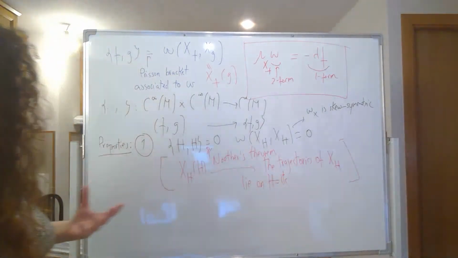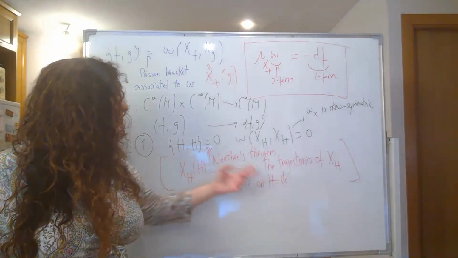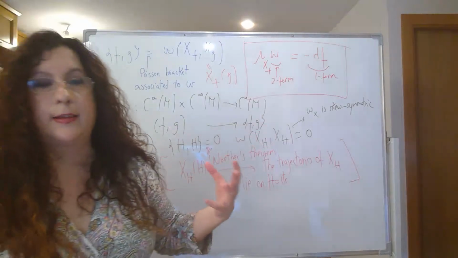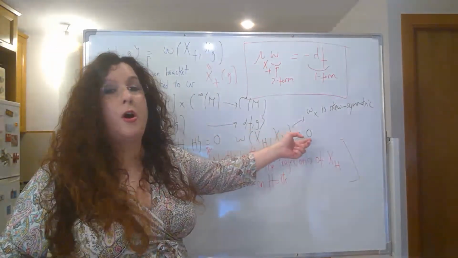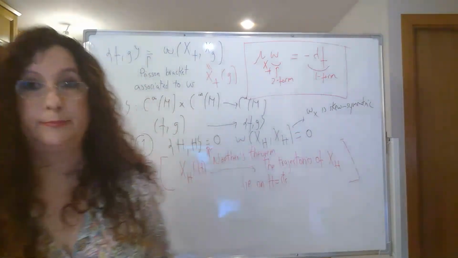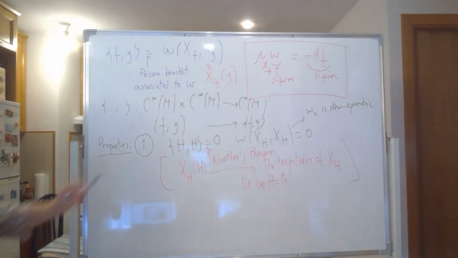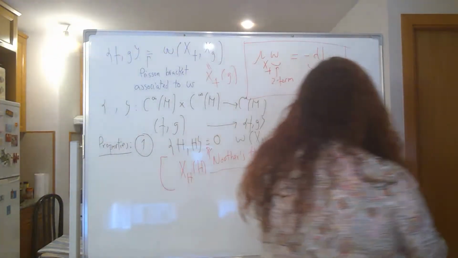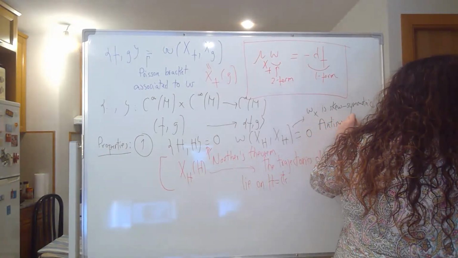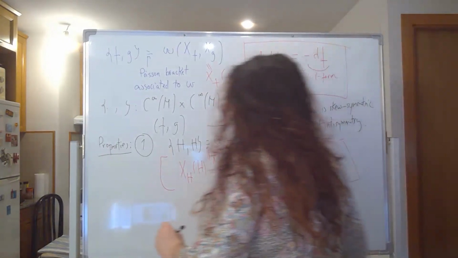Okay, and for us mathematicians, once you have the right language, it is a tautology. It's just saying that a skew symmetric form is 0 on two vector fields which are the same. All right? Okay, this is what we call the antisymmetry. That's something we saw, but I thought it was important.